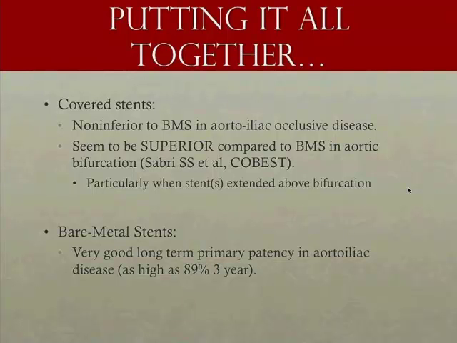So what was found in COBEST was that for patients where the stents were placed at least a centimeter or more above the aortic bifurcation, the patency rates seemed to be better for those patients when a covered stent was used. And finally, bare metal stents obviously have very good long-term patency rates as well, as high as 89% over a 3-year period, so it's hard to not reach for that stent as well during an endovascular strategy.